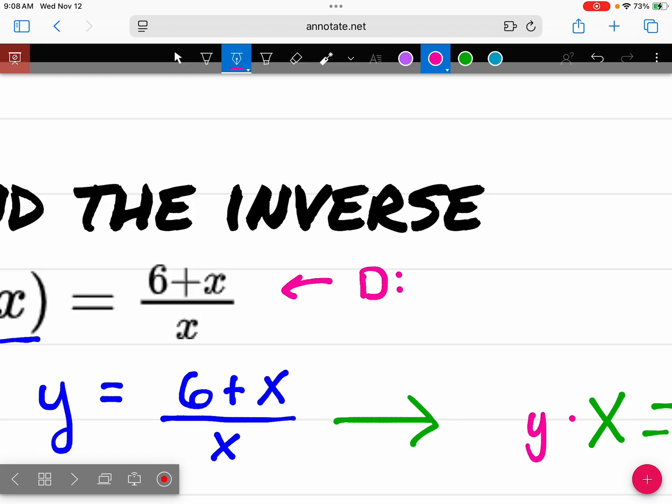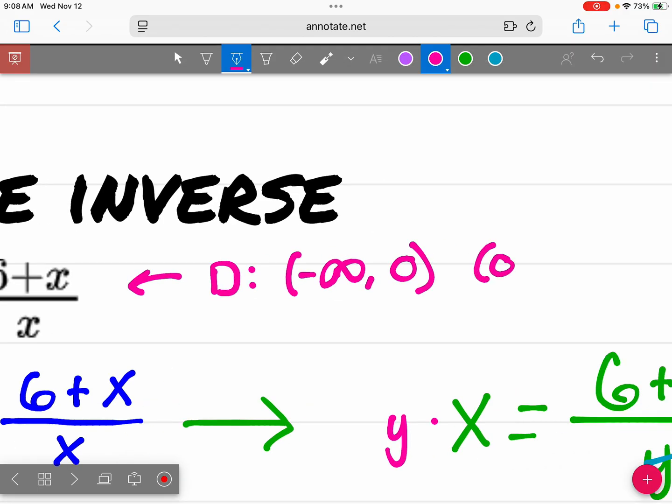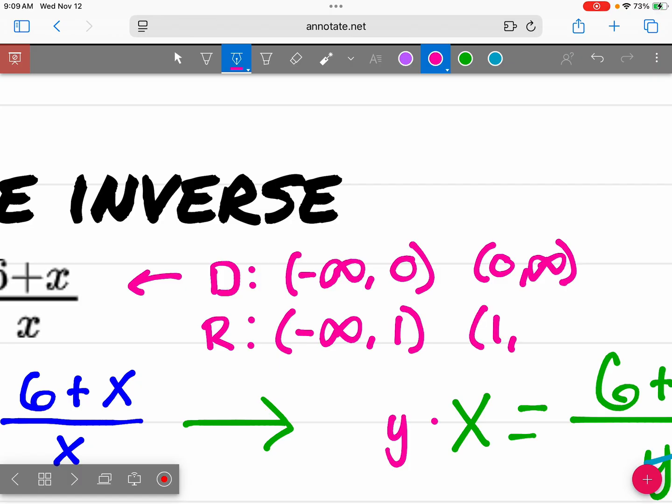This one's our 0. This is when we have our vertical asymptote. So it's x equals 0. So this is our negative infinity to 0, 0 to infinity. Our range is going to be that ratio of our leading coefficients, 1 over 1. So it's going to be everything except positive 1, negative infinity to 1, 1 to infinity.